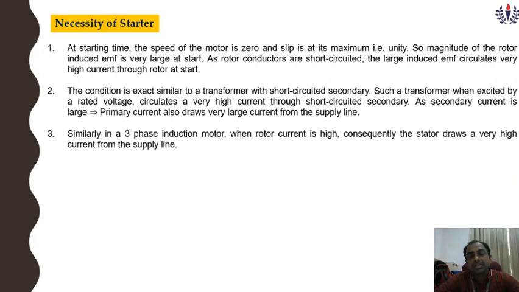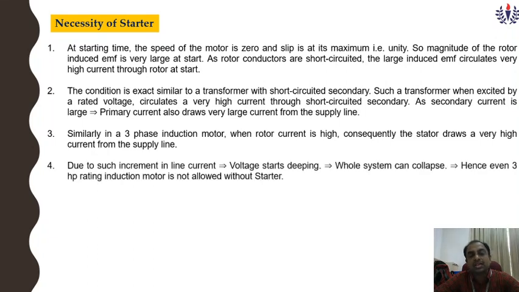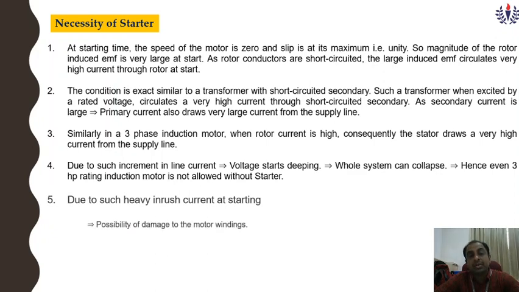Similarly, in a three-phase induction motor, when the rotor current is very high, consequently the stator draws a very high current from the supply line. Due to such an increase in line current, the voltage starts dipping. The whole system can collapse. Hence, even a 3 HP induction motor is not allowed without a starter. Due to such heavy inrush current at starting, there is a possibility of damage to the motor winding.